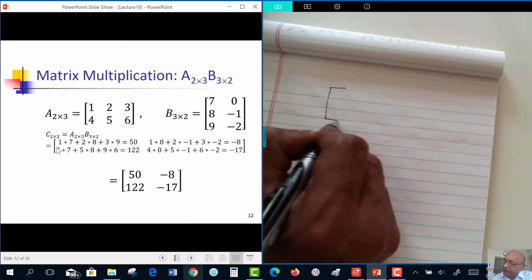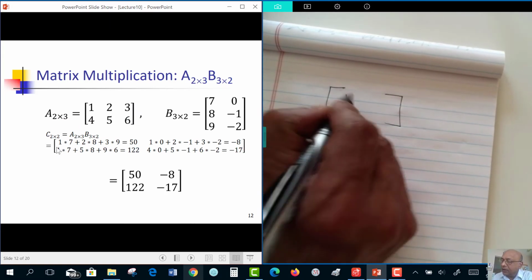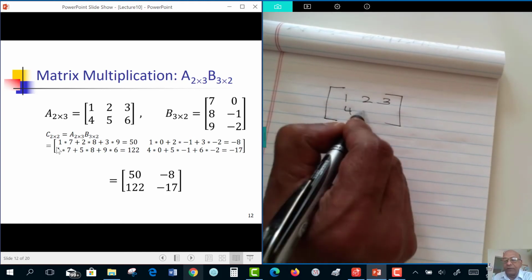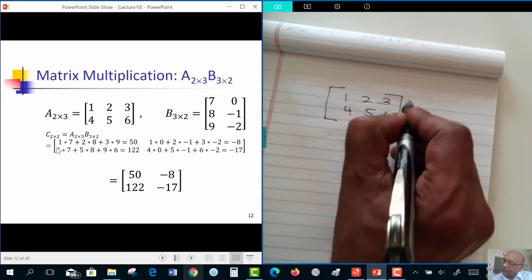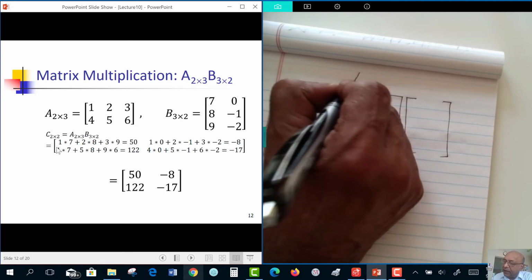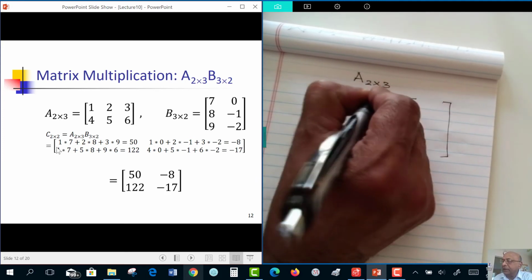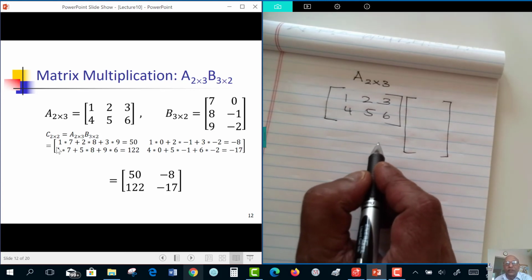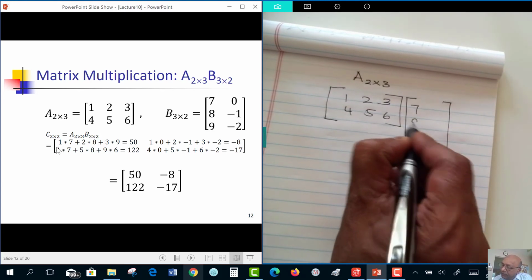So let's say A is 1, 2, 3, 4, 5, 6. And B is, so remember, A has 2 rows, 3 columns. So B must have 3 rows at least. So we'll put 3 rows.